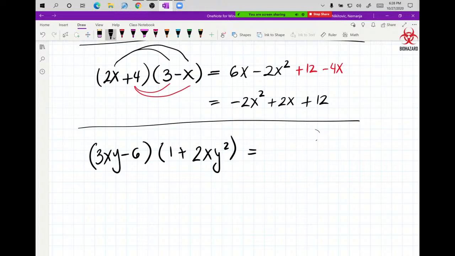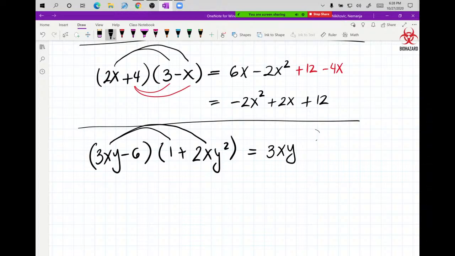All right, so we have the same idea again when we distribute 3xy to both. So how much is 3xy times 1? 3xy. Perfect. Nothing changes.